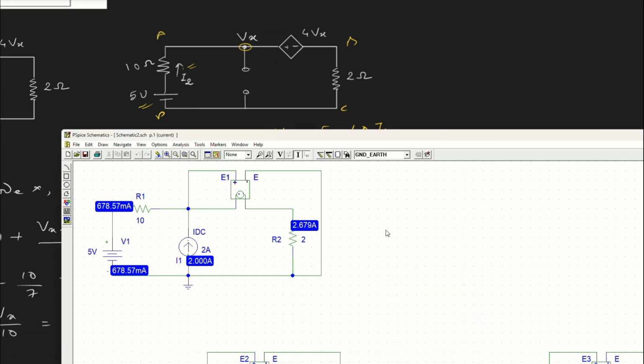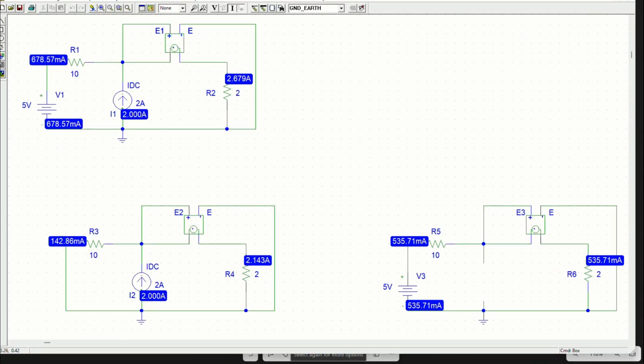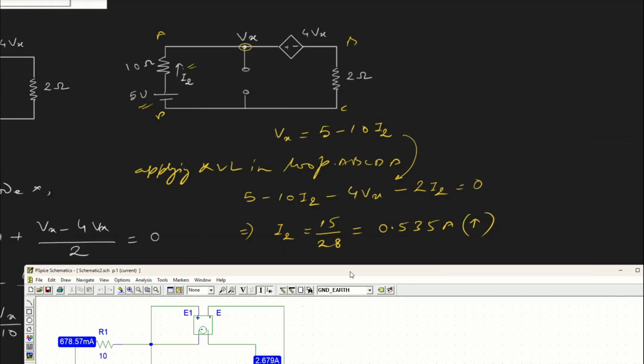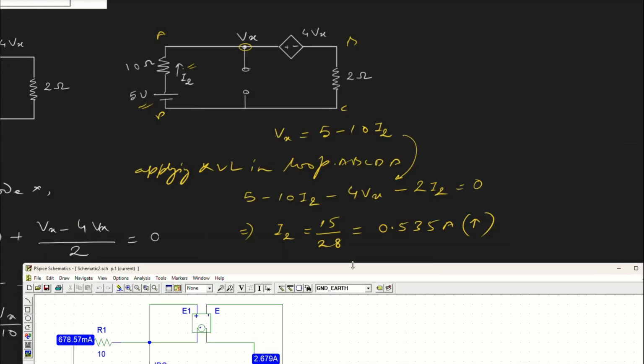Then we have 2 ohm. After solving, what we have here is 0.678 as the original current. In the first one we are getting 142.86, and in the second one 535.71. So that is what we have obtained here, right?